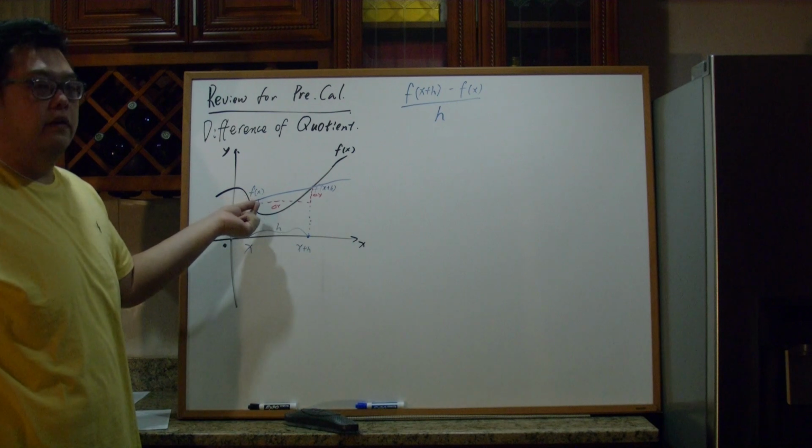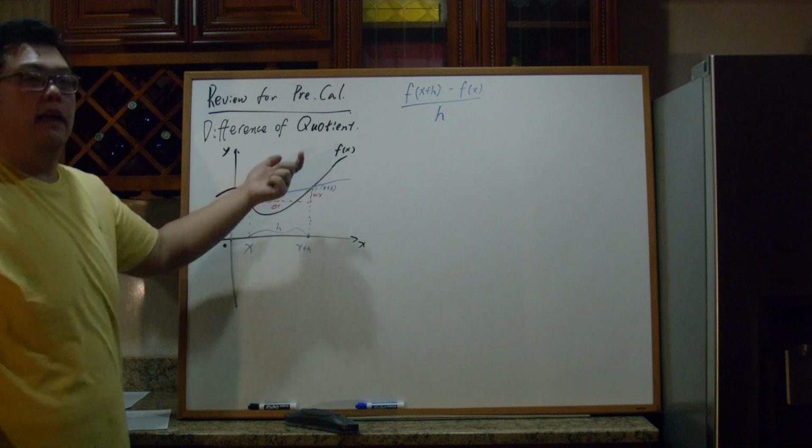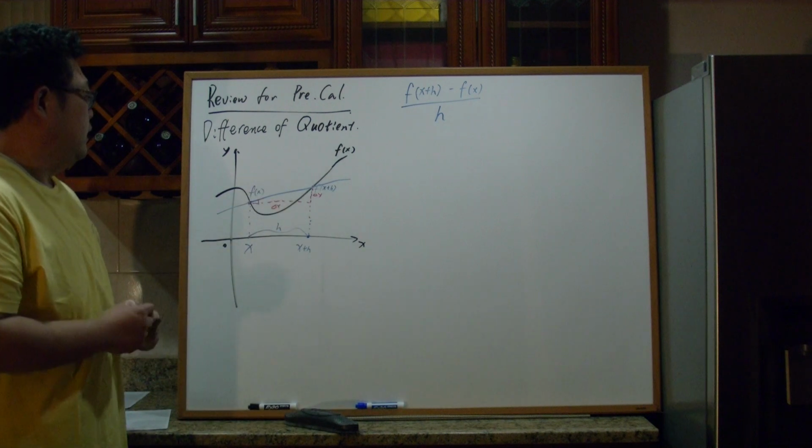This tangent value of the angle is called the slope of this line.